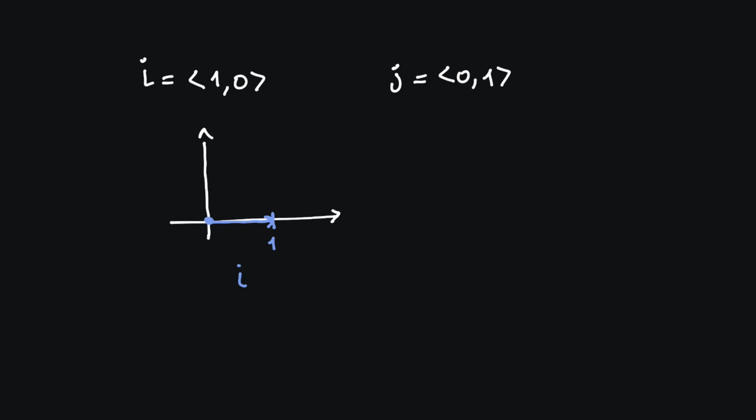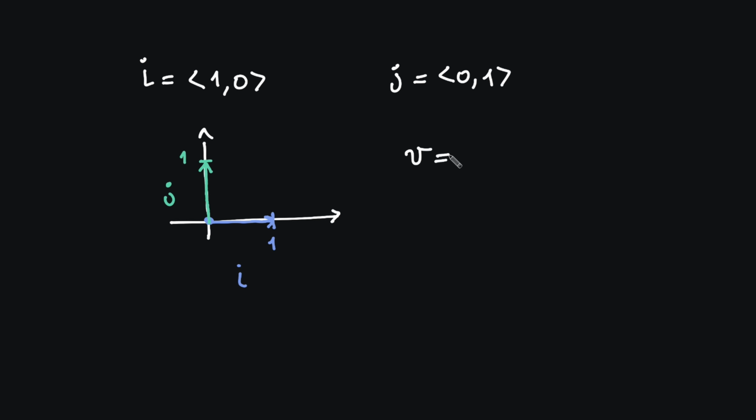This is the i vector. And the j vector is going to be 0, 1. So if the vertical component is 1, then we must go up 1 unit, and we do not move horizontally because the displacement is 0. The horizontal component is 0. So those are the basic unit vectors.